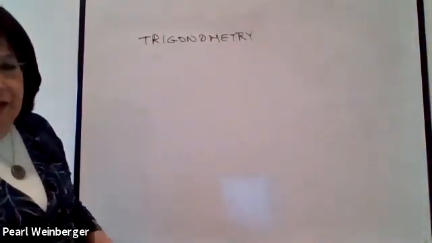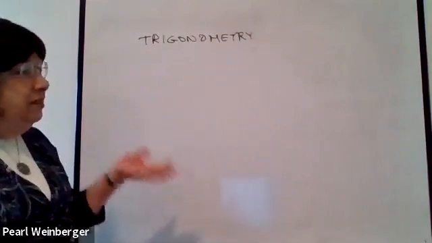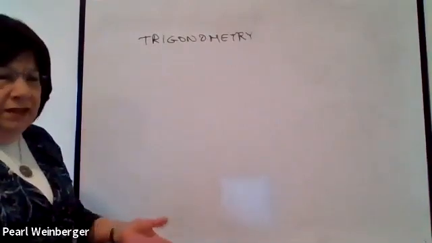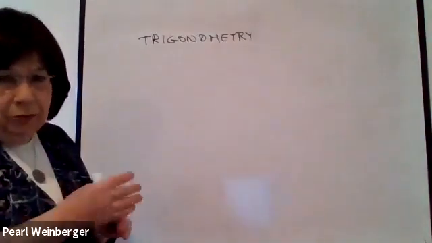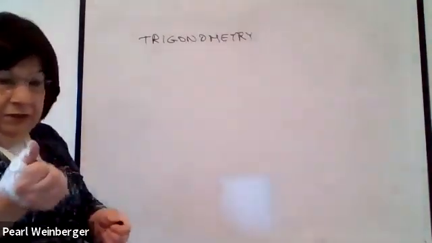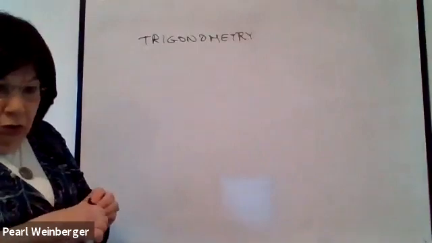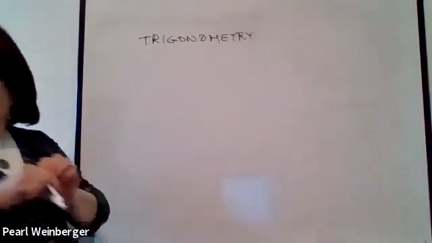Now I erased it. How am I going to remember what sine stands for, what cosine stands for? I know I'm going to remember it, but how are you going to remember it? Because that's the big thing. How am I going to know what anything stands for?